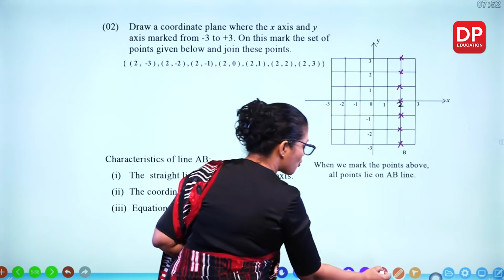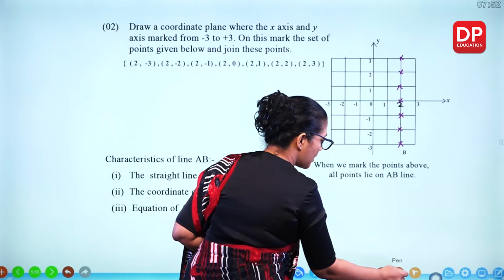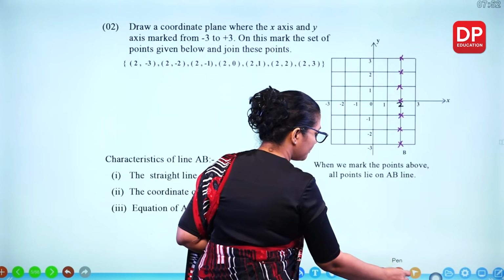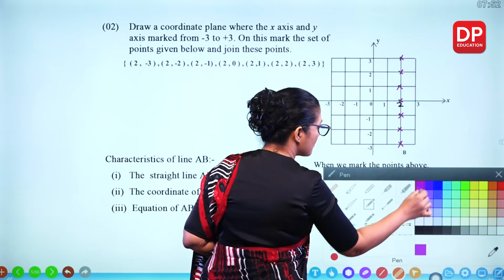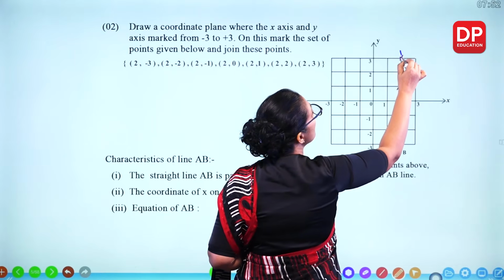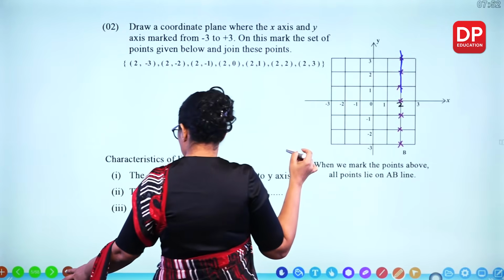And you are asked to connect. We'll connect all these points, and see what you get.